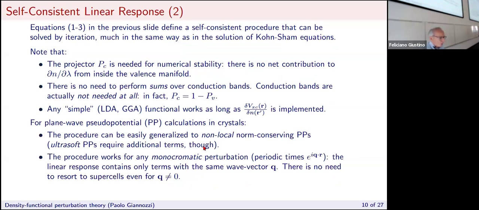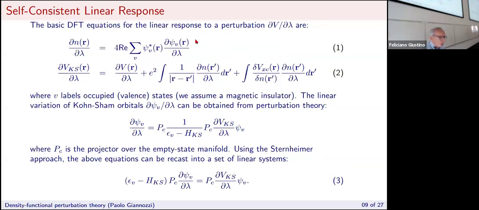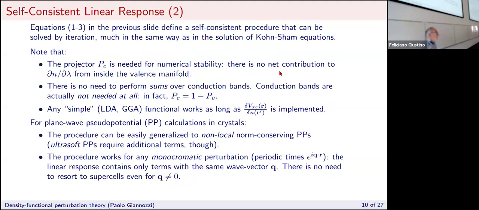Now, those three equations together define a self-consistent procedure that can be solved iteratively, which is quite similar actually, but simpler in principle than the solution of the Kohn-Sham equation. It costs more or less the same order of magnitude as the solution of the Kohn-Sham equations for the ground state.